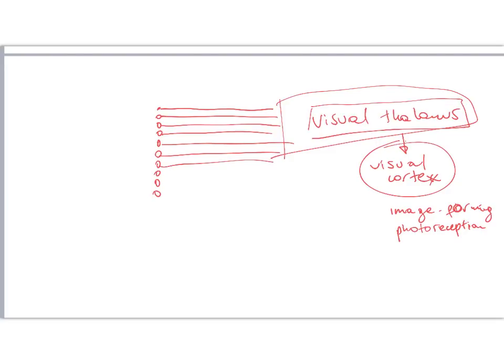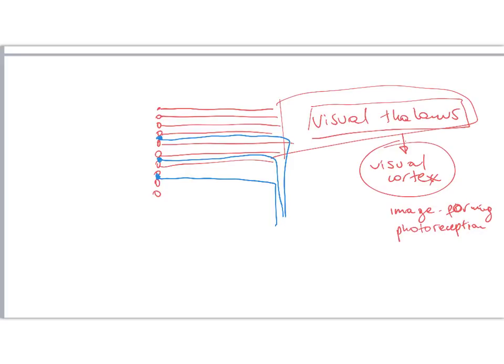However, the 2% of the cells that have melanopsin, we could draw them somewhere here among the other ones. And I draw them blue because melanopsin is a blue light photoreceptor.